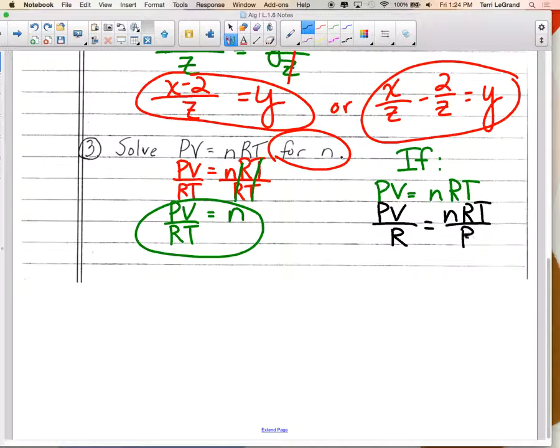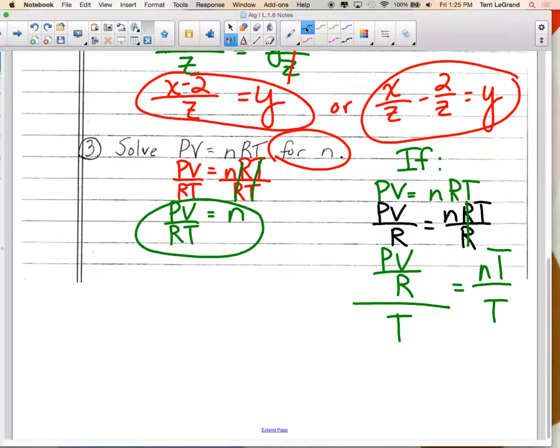You would be like, okay, the R's cancel. I did what I needed to do. But then you'd be like, oh, wait a minute, now I've got to divide by T. So the next thing you would do is you would say PV over R. That has to be divided by T. And then my nT has to be divided by T.